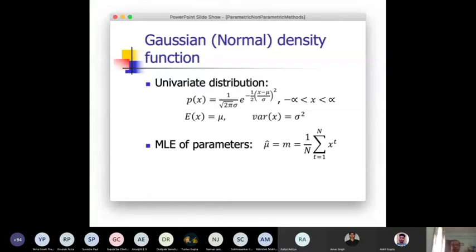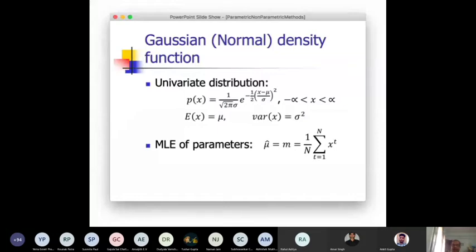Now, if I estimate the parameter mu from a set of observations, this time the values of individual observations would be from the continuous domain. That means they are real numbers. They are not discrete values like 0 and 1.